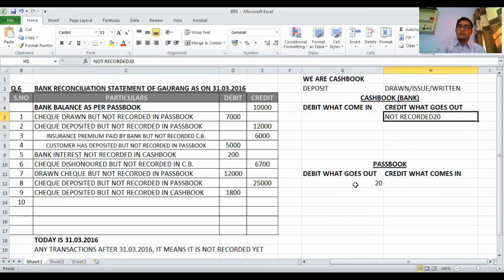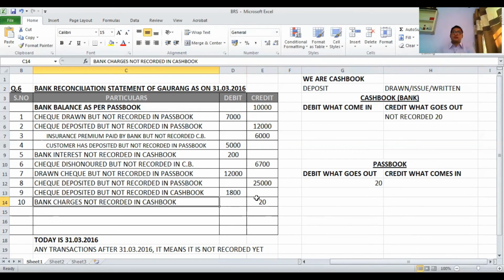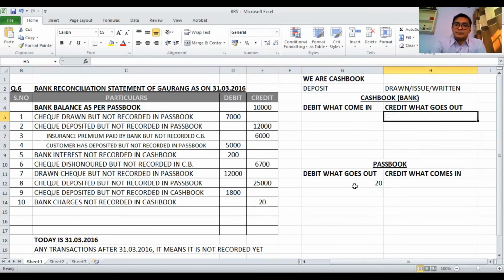So now our duty is to record on the credit side 20 rupees, that is for bank charges not recorded in cash book. Simple. So now finally we have recorded all these 10 transactions and our sum is complete.